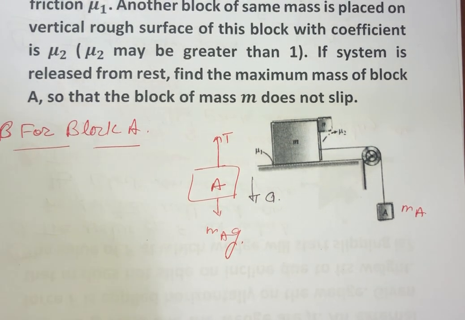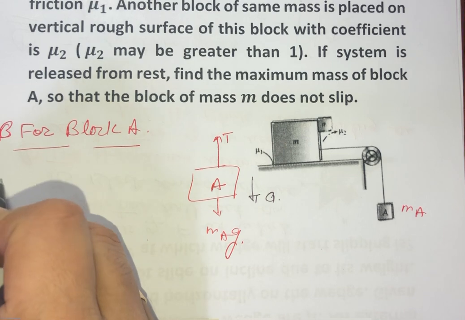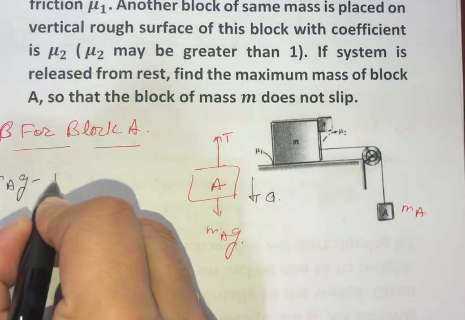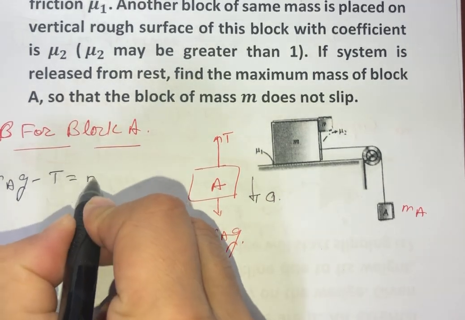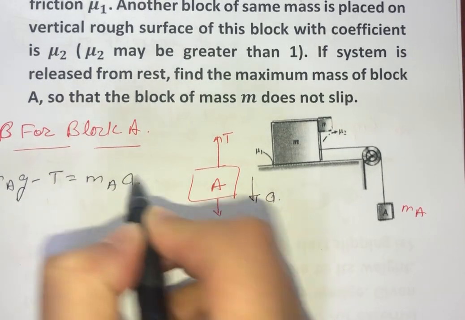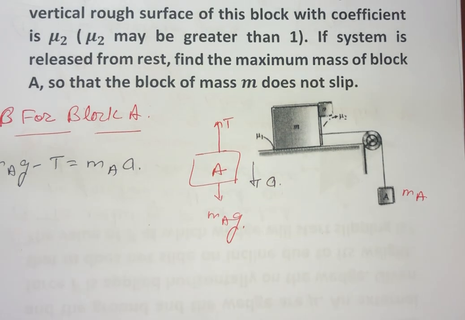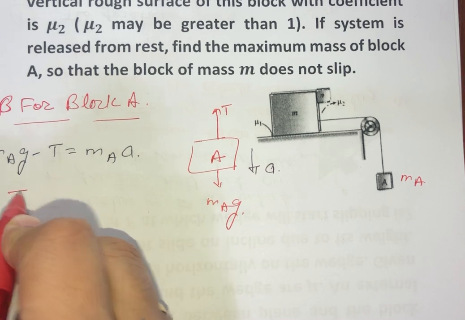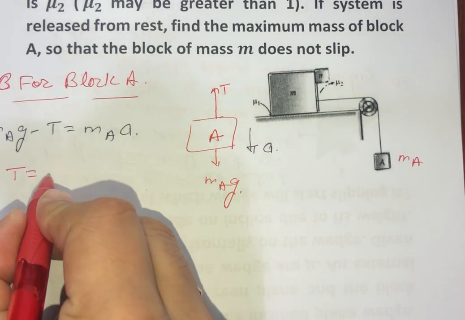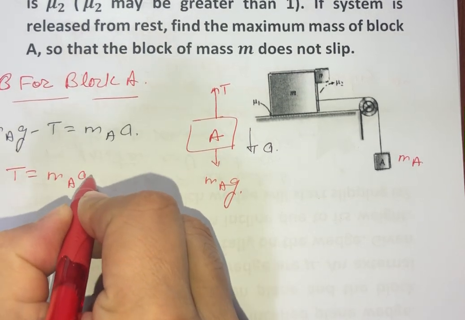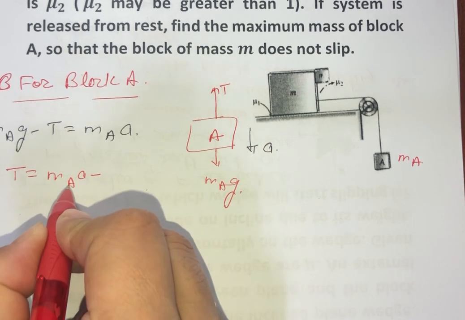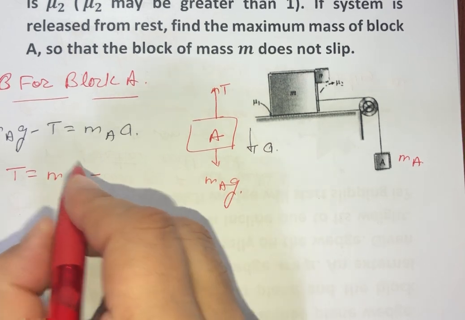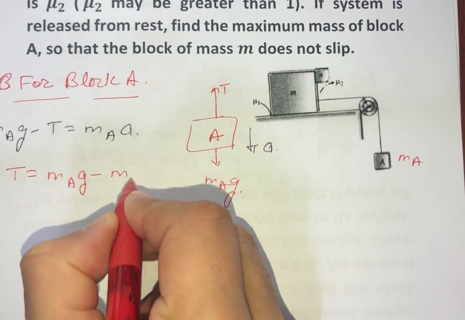So we can write this equation as MAG minus T is equal to MA multiplied by A. From here we can write the equation for tension: T is equal to MAG minus MAA.